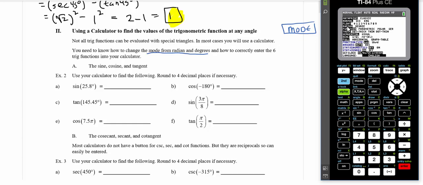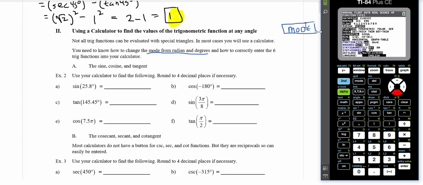On the fourth line, you have radians and degrees. Right now I'm in radian, so if I enter an angle, it's in radians. If I want to change it to degrees, I just move over with the cursor key, get it blinking, and press enter. Now I'm in degree mode. You want to be able to go back and forth on your calculator.